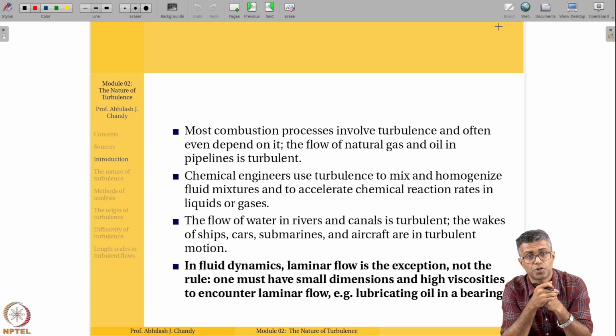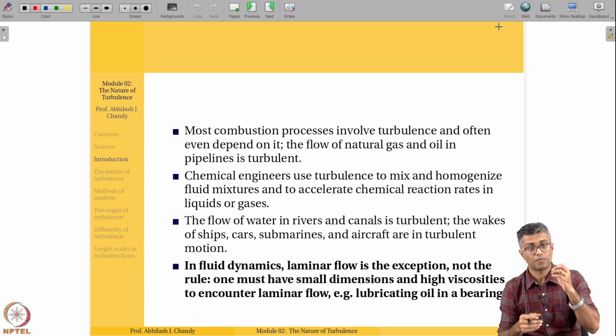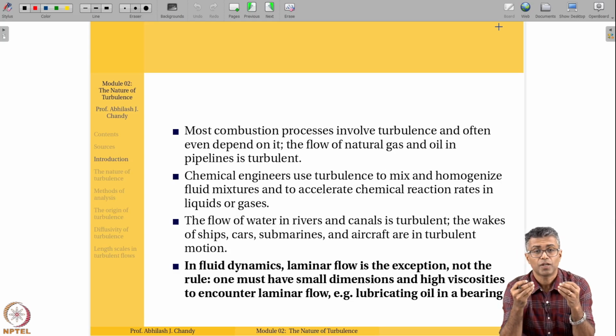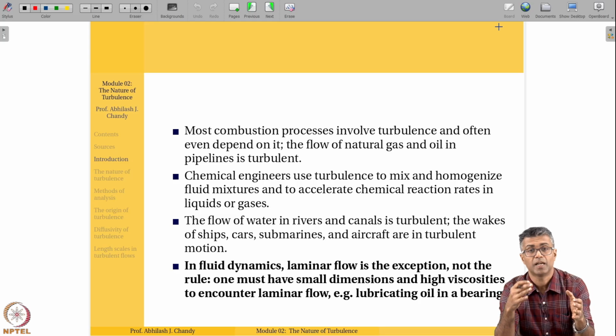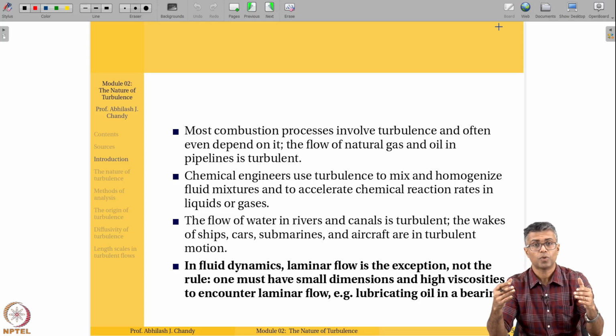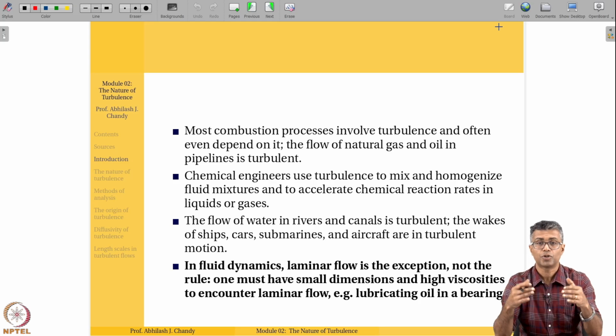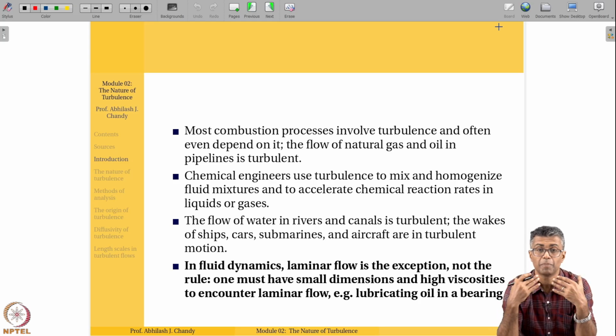More examples in engineering. Combustion processes, and we've talked about this, that involve turbulence and often depend on it. What do I mean by that? You have the fuel and oxidizer mixing in a combustion chamber. So you have them coming and mixing together. You want the mixing to be in a turbulent manner.